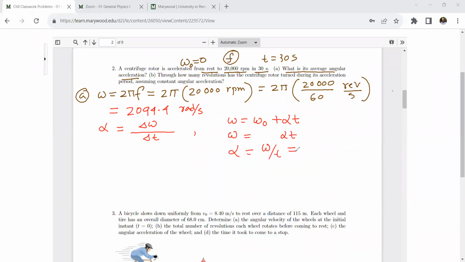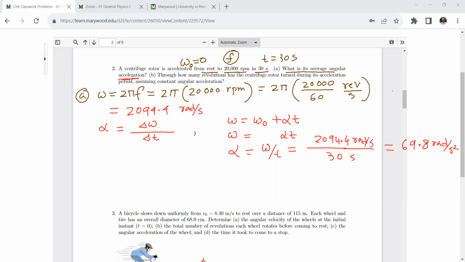So alpha is 2094.4 rad per second divided by 30 seconds, and this is 69.8 rad per second square. So the angular acceleration we get here for number A is 69.8 rad per second square.